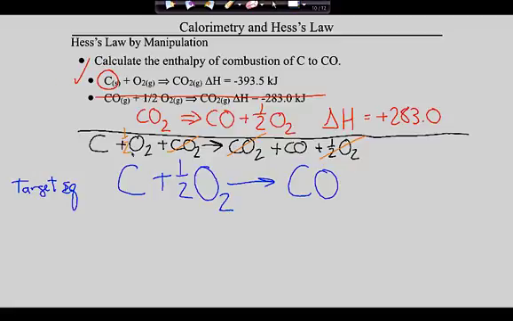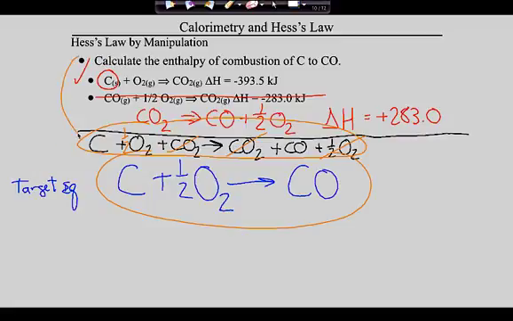You get it? This is now the same as this. See it? We've got a C, we've got 1/2 of an O2, and we've got a CO. So we just made these reactions add up to this reaction.